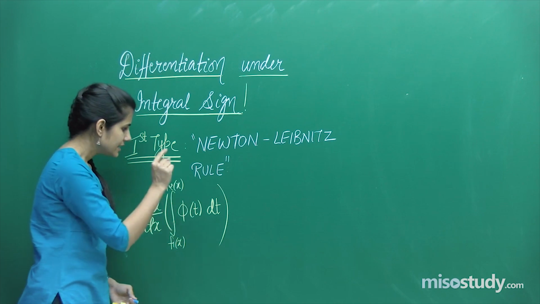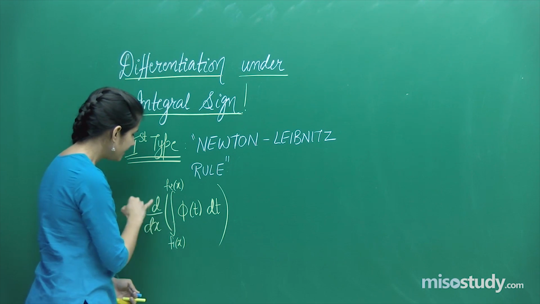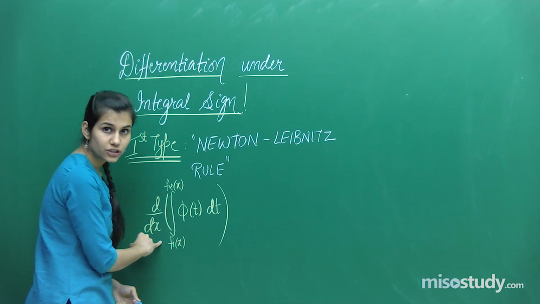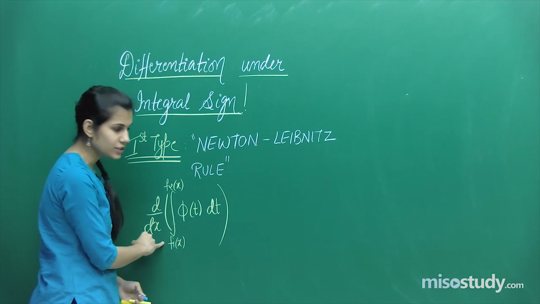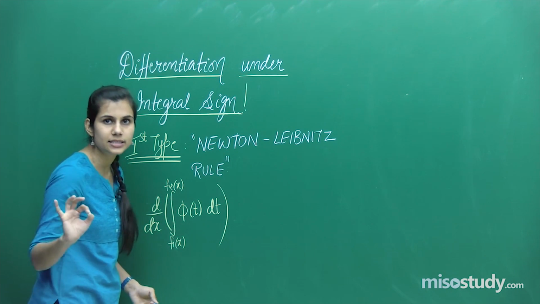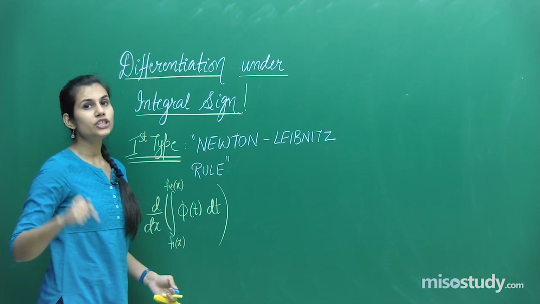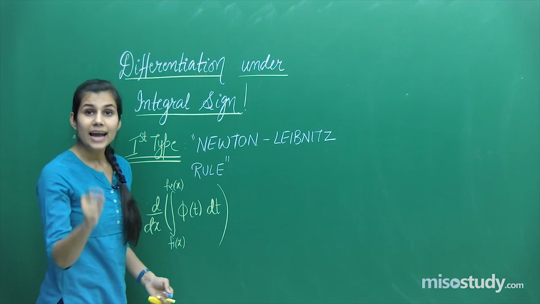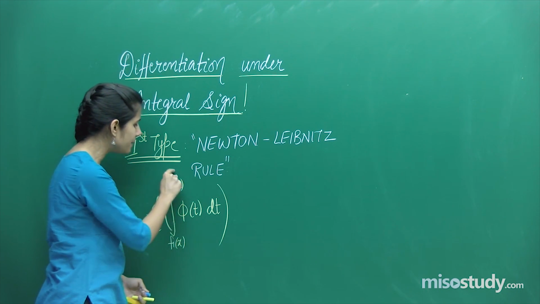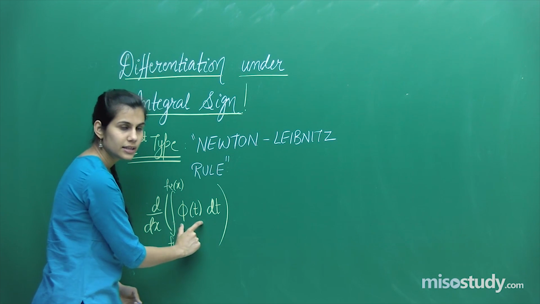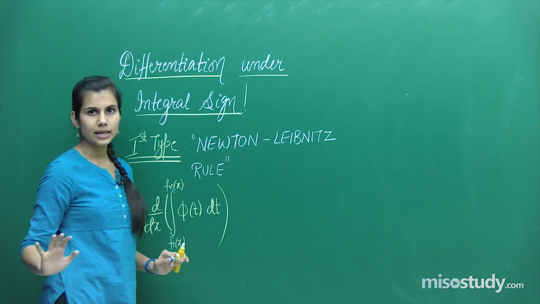Are you understanding? Try to understand the logic. Here x, with respect to which we wish to differentiate, is just sitting in the limits, nowhere else. If I am wishing to differentiate with respect to x and x is sitting only in the limits, not in the function, this is the first type.